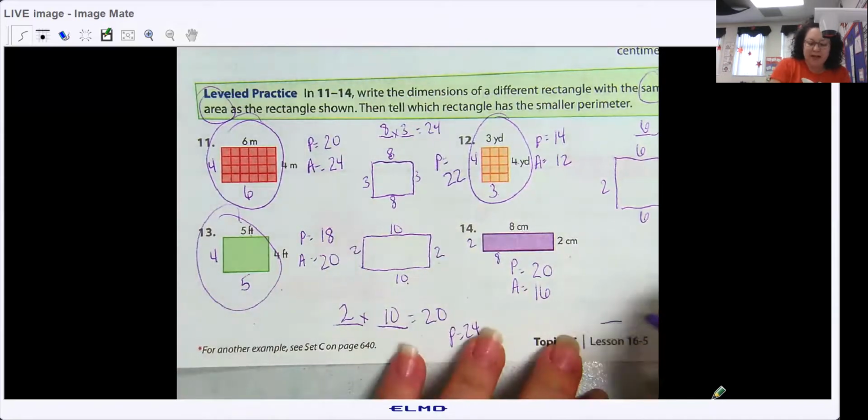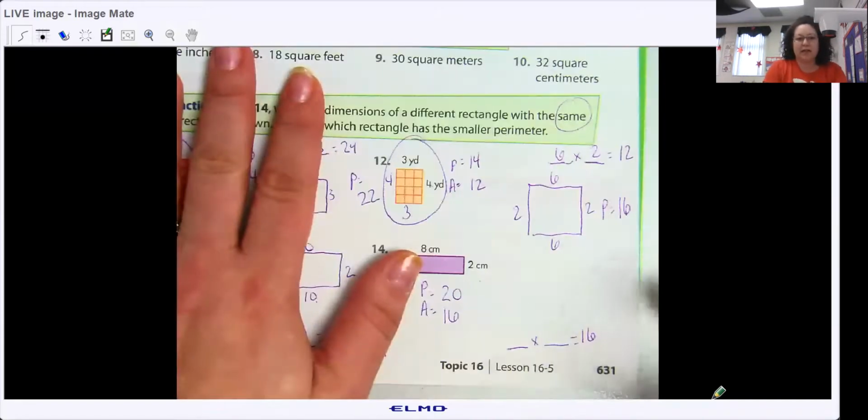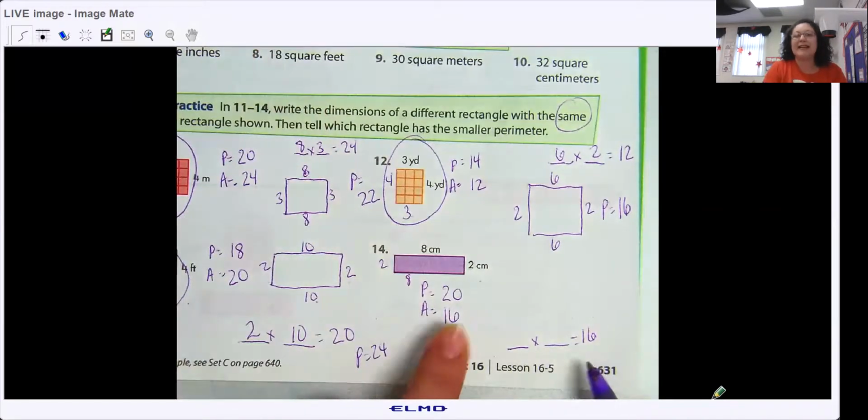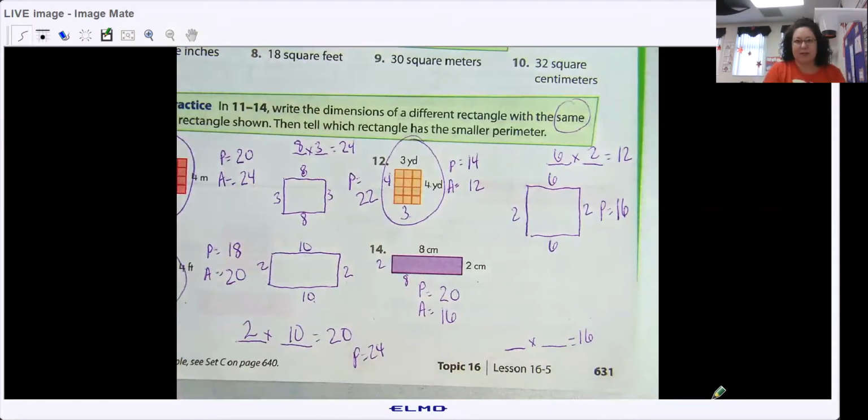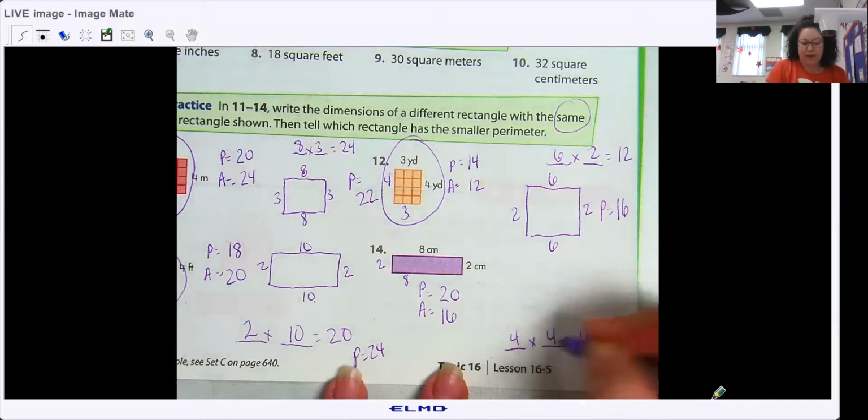So now we need to find two other numbers, two other factors to have a product of 16 to match the area. Same area, different perimeter. Pretty cool how that works. Just the different lengths of sides. All right, so we had 8 times 2. What about 4 times 4?